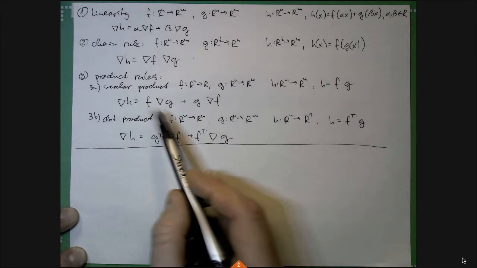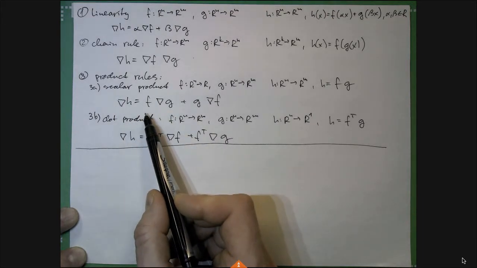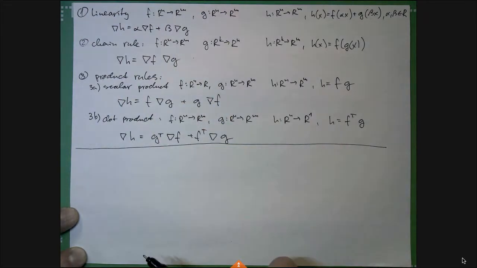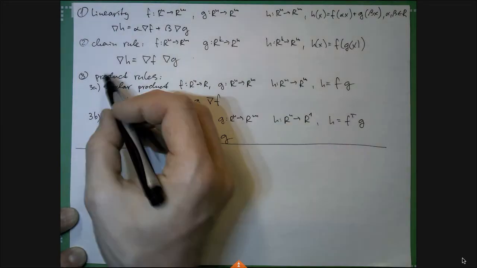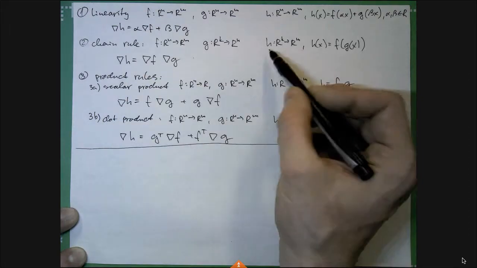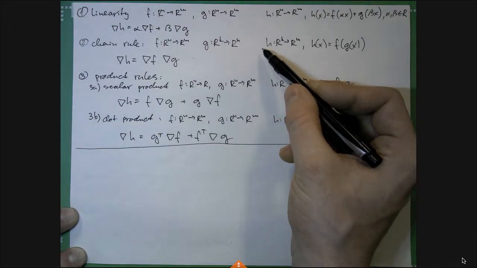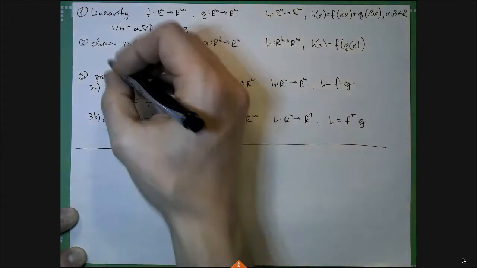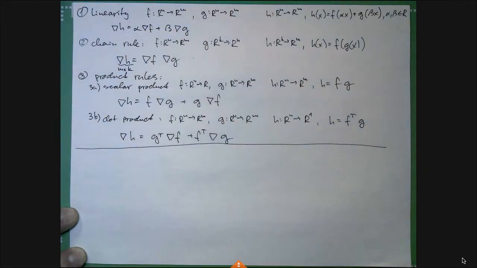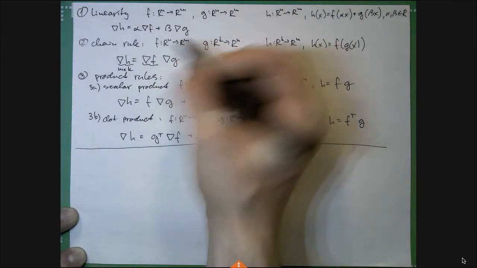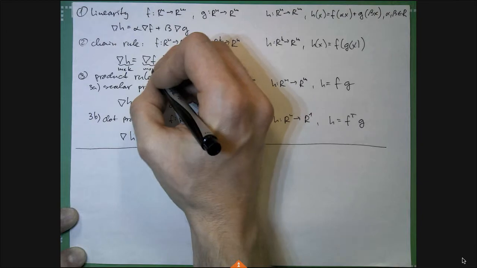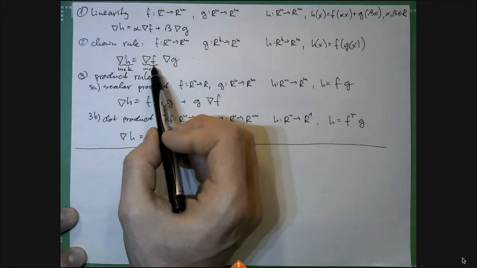Let me make just one comment on these rules. The one thing I would like you to always check is that the dimensions agree. For example, here on the chain rule, the gradient, aka Jacobian, of H is always going to be an M by K matrix. The gradient of F will be an M by N matrix, evaluated where, by the way?